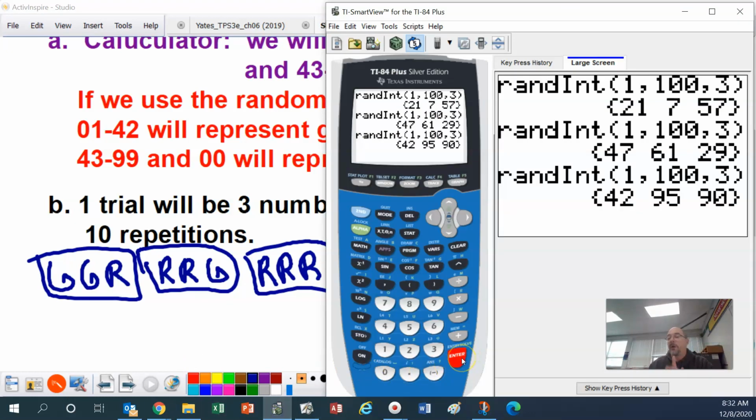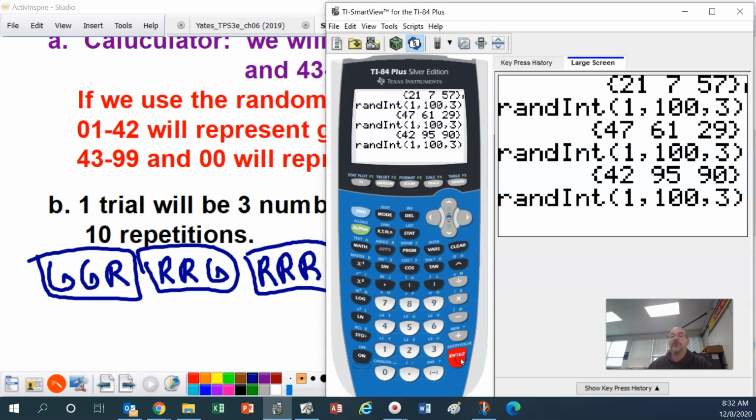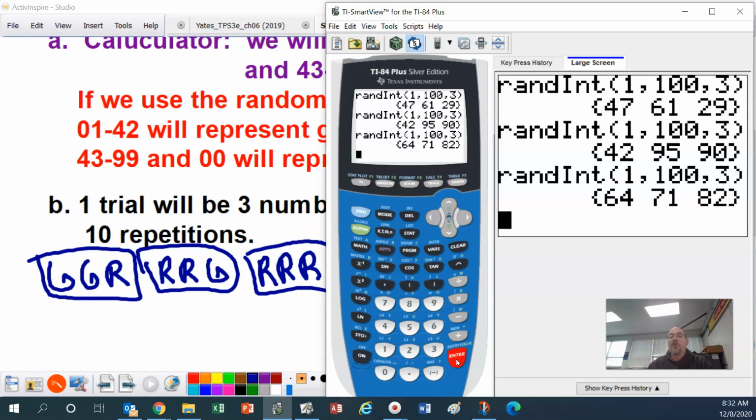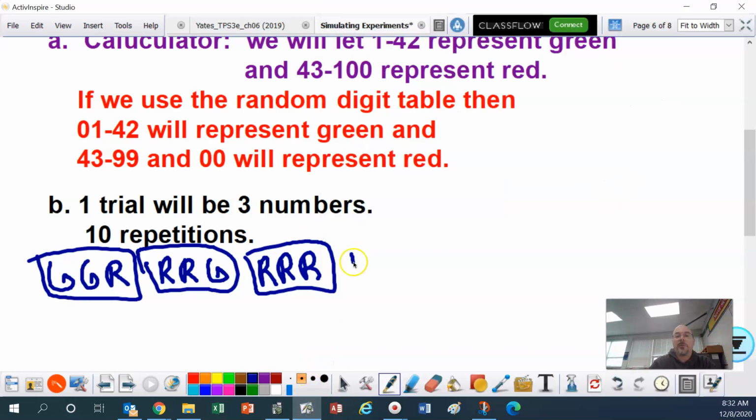Okay, I'm going to do one more, and then I'm going to stop it and finish it, and then you pause it and you finish it. Red, red, red. Okay, so let me get that written down. You go ahead and pause, finish it. Hopefully yours will match mine, and hopefully I didn't mess up as I did it. All right, so I'm going to pause and finish.